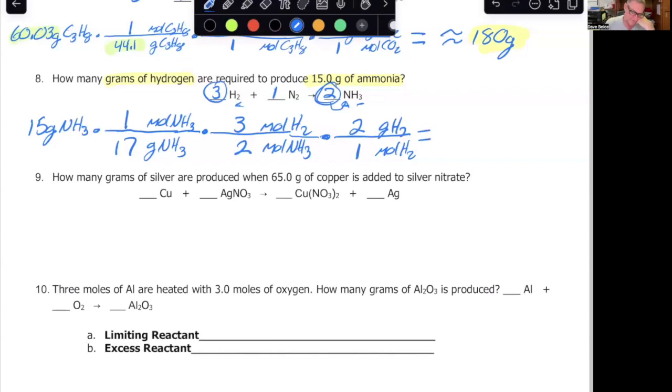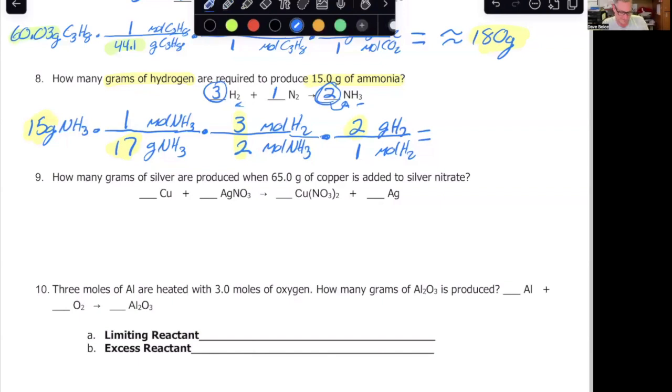In my calculator, this one I'm going to do a little bit different than the previous ones. In an older calculator, one that doesn't have a fractions function, in this case, 15 divided by 17 times, so you're going to multiply by parentheses 3 over 2, or 3 divided by 2, and then close your parentheses and times 2.